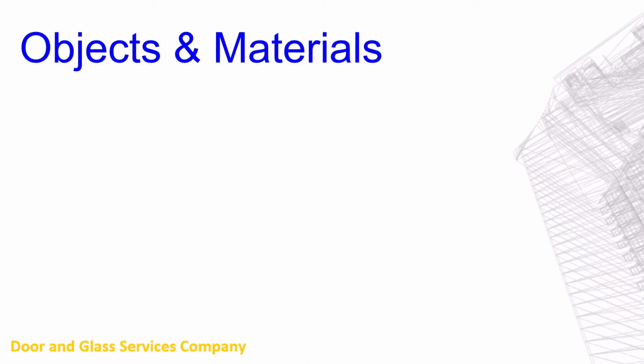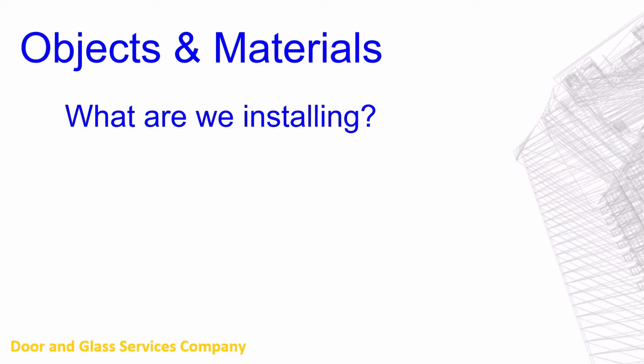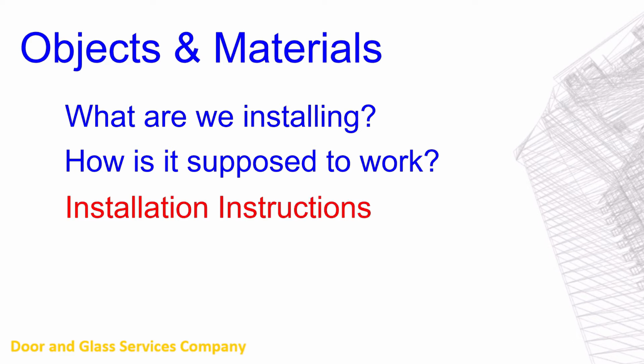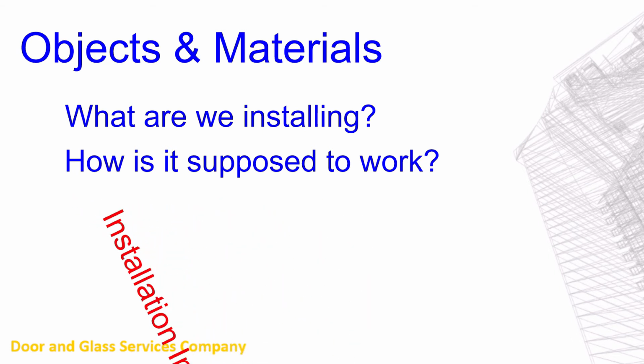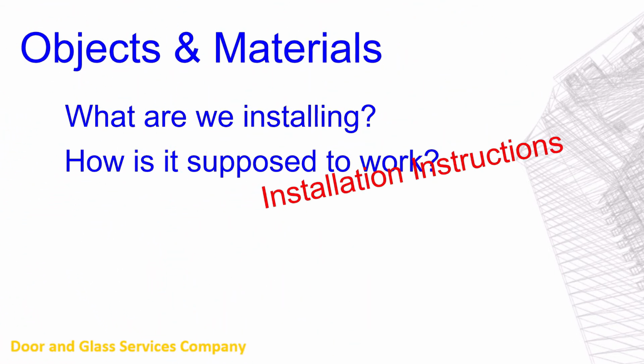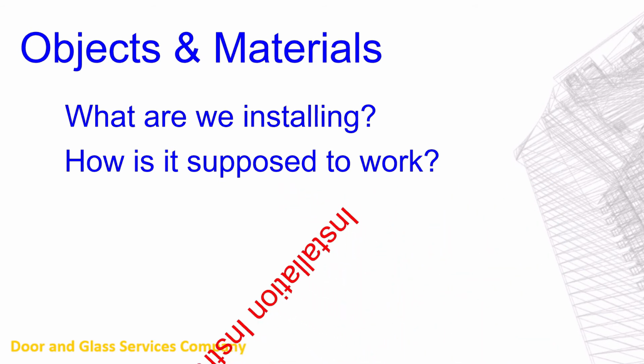In addition to understanding the intended finished work, when performing layout, it is necessary to understand the objects being located, including their functional purposes. Objects are described by product manufacturers using product documentation. Product documentation includes installation instructions, drawings, and more.